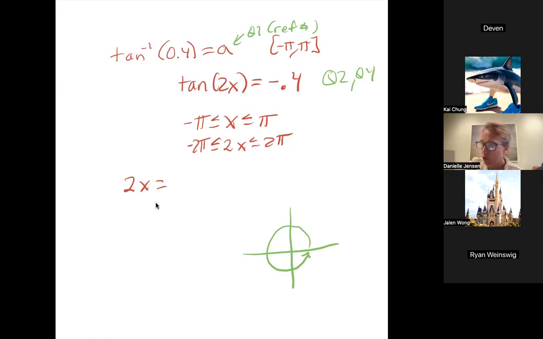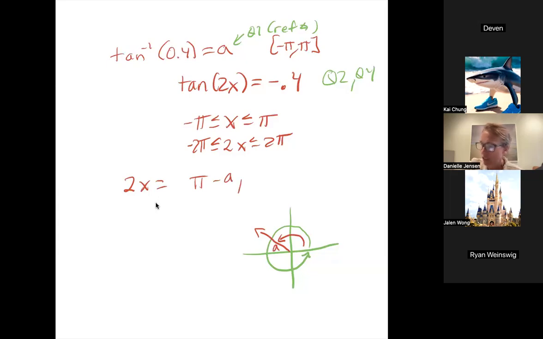If I think of the quadrant two angle, that's this one here. What would that be in terms of A? Pi minus A. Yeah, exactly. Pi, and then remember, A is the reference, so I'm just subtracting the reference angle.